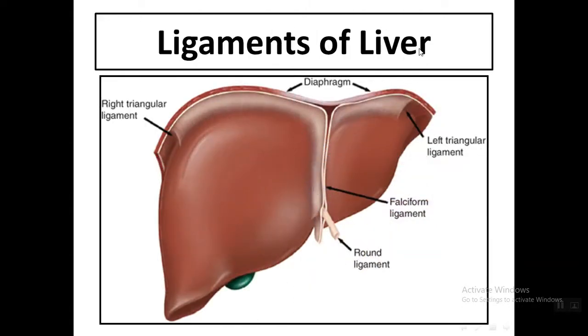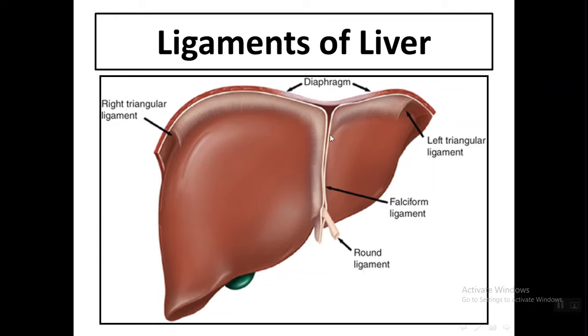What are the ligaments of the liver? The liver is kept in its position by the presence of certain ligaments. These ligaments are a double layer of peritoneum. The first ligament apparent here is the falciform ligament, and in its lower free border is the ligamentum teres, or the round ligament.